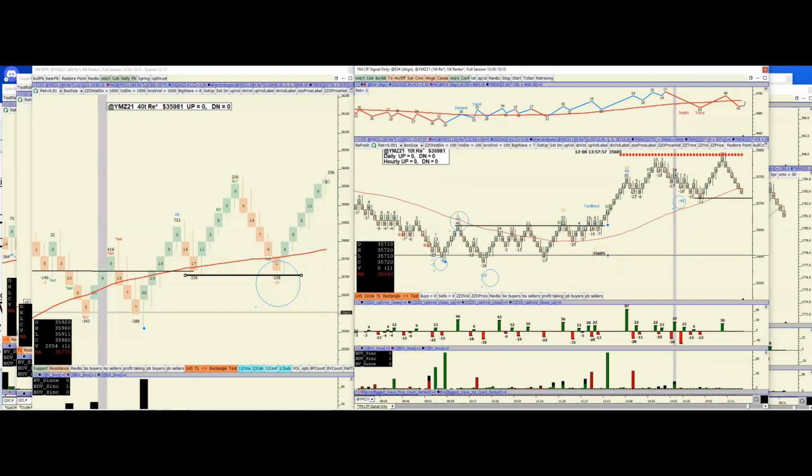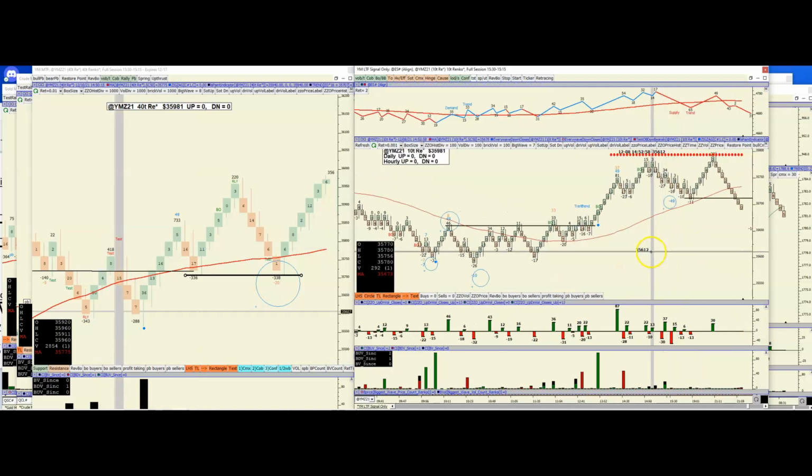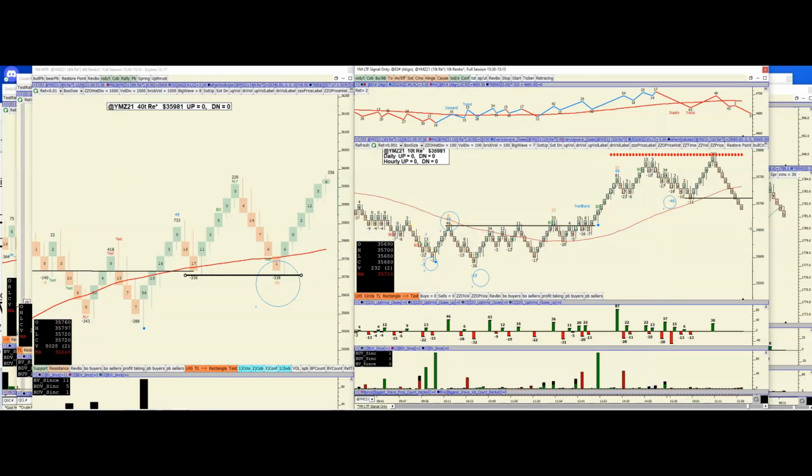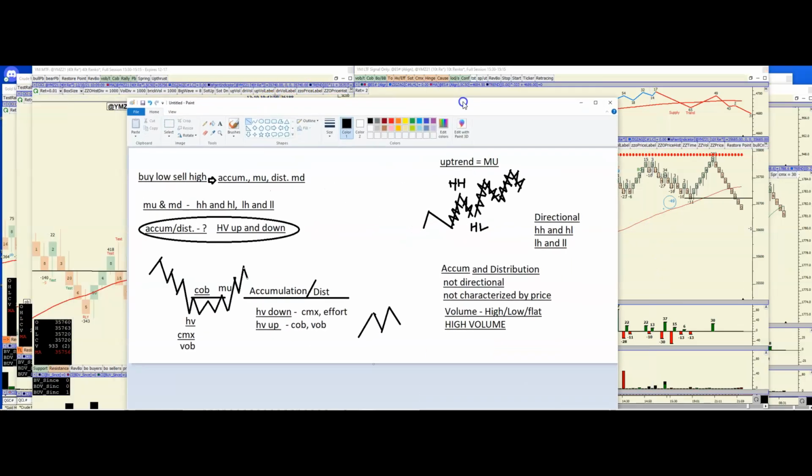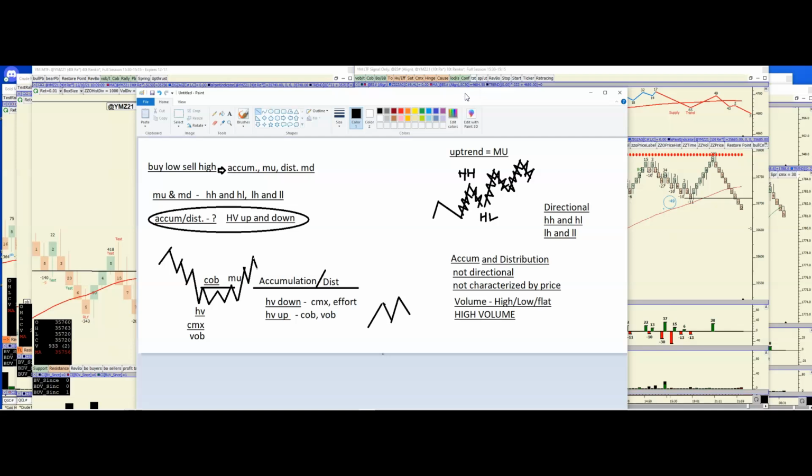So my claim here is that as higher high and higher low are to an uptrend, high volume up and down is to accumulation.